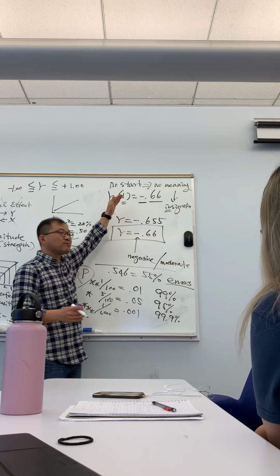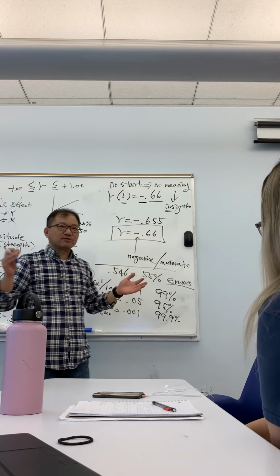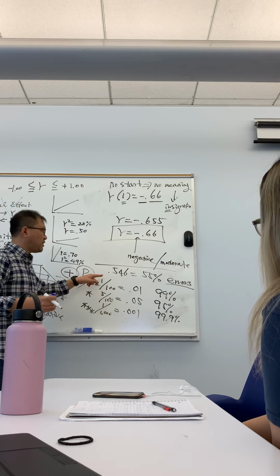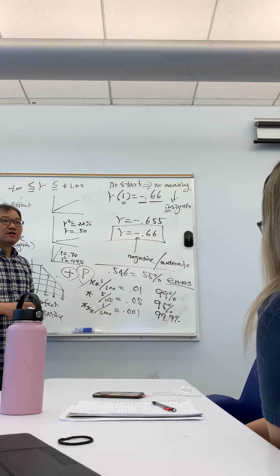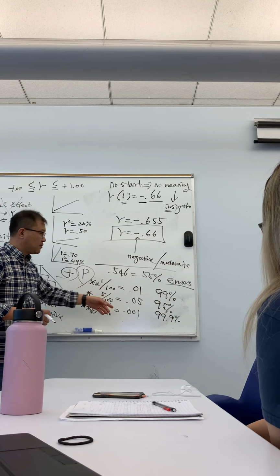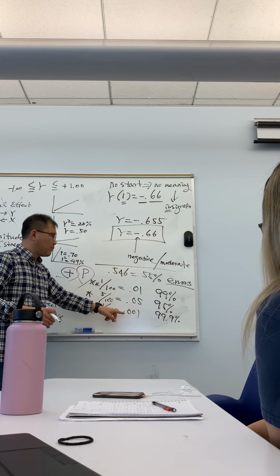So I'm gonna stop right here. The correlation analysis was found insignificant. The reason was the p-value, the probability that I make a mistake, was greater than 0.01, greater than 0.05, greater than 1%, greater than the 0.001 level.